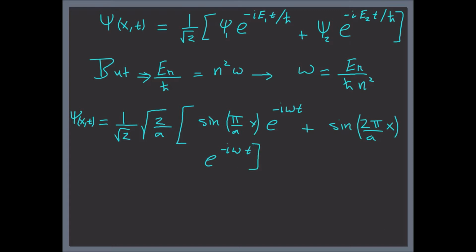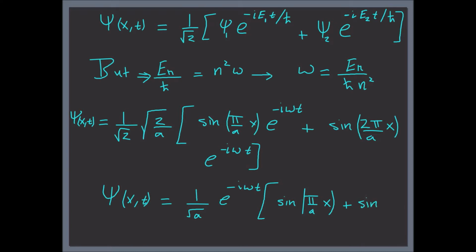Simplifying a little bit further, we have psi of x comma t equal to 1 divided by square root of a times e to the minus i omega t times sine of pi divided by a times x, plus sine of 2 pi divided by a x times e to the minus 3 i omega t.